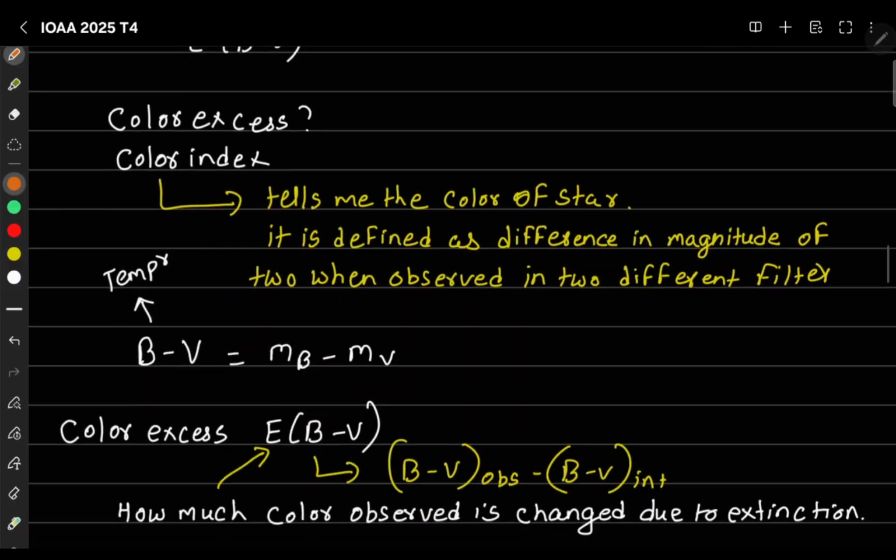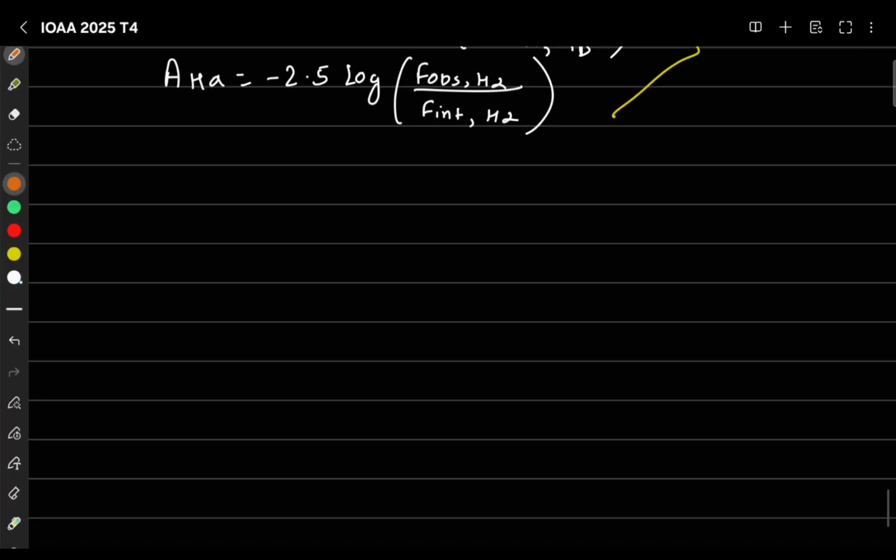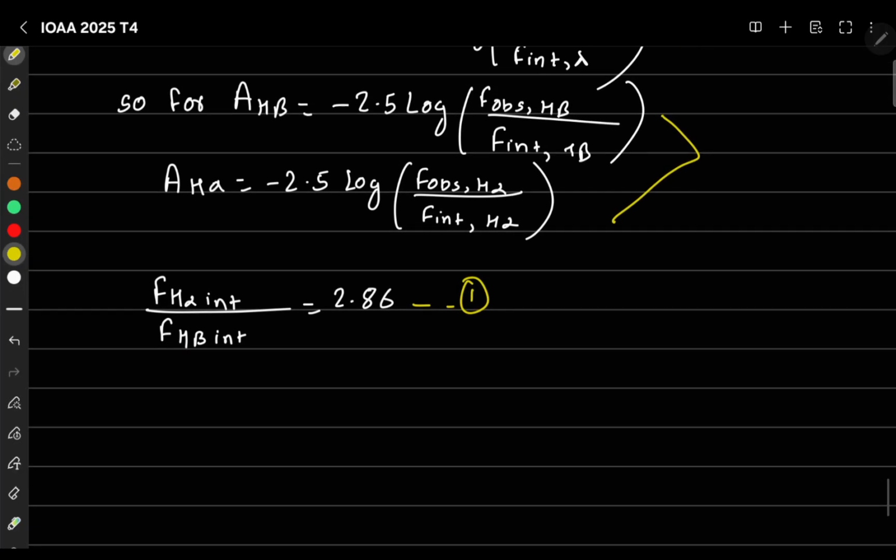So now we have been given that f_Hα intrinsic over f_Hβ intrinsic is 2.86. This is equation 1. We have been provided that. Now, how do you define this?